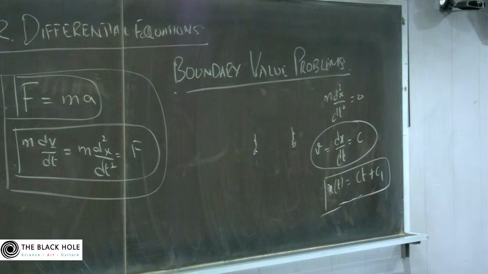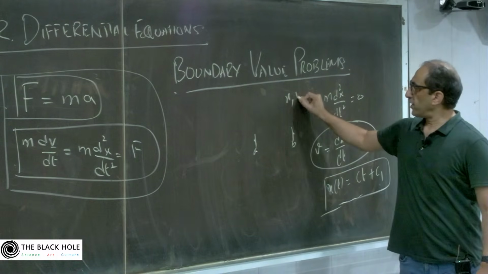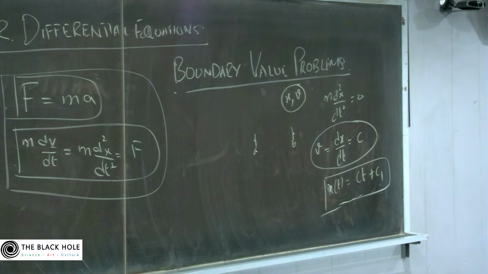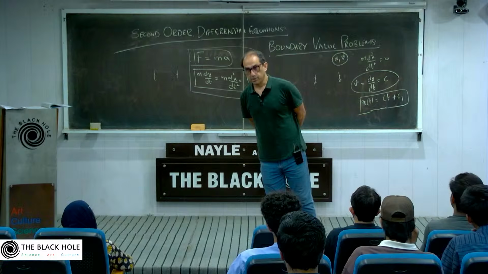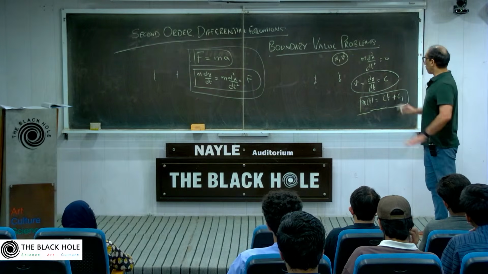What is it that you will determine once you determine c here? Velocity. And what will you determine if you determine both the constants? Position. So you have to specify initial position and initial velocity to draw the trajectory that the particle traverses. Okay? So this is the problem.